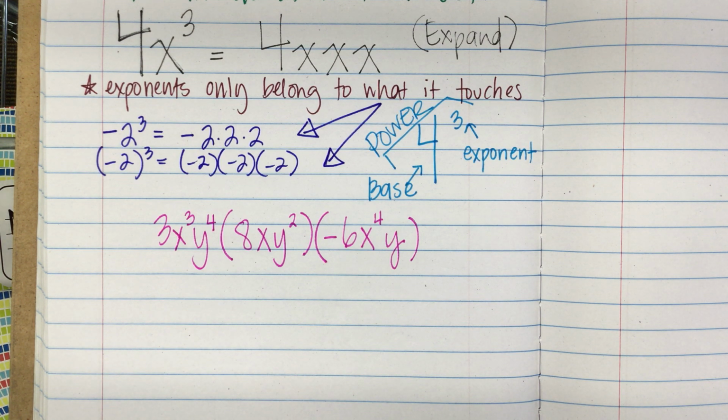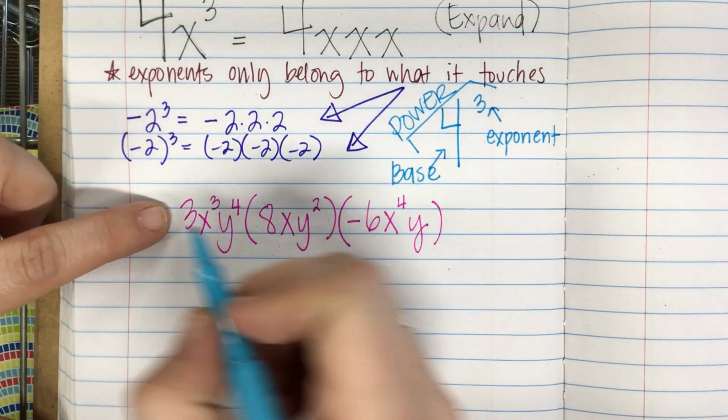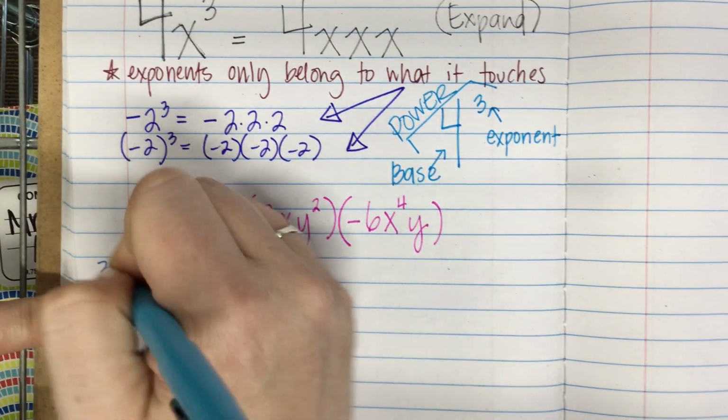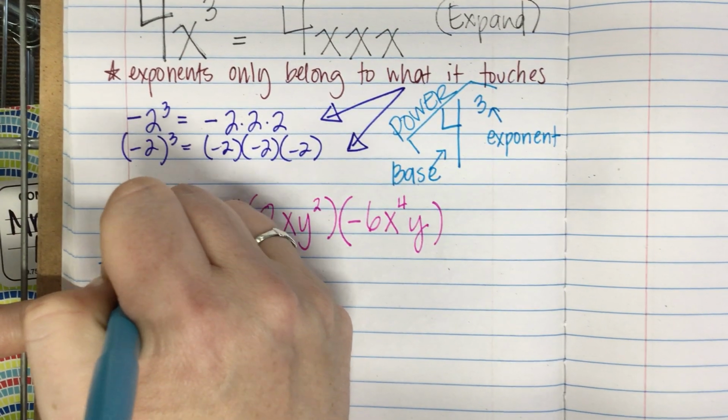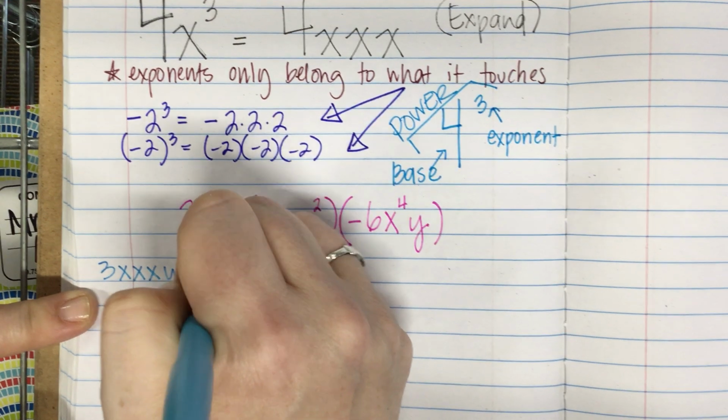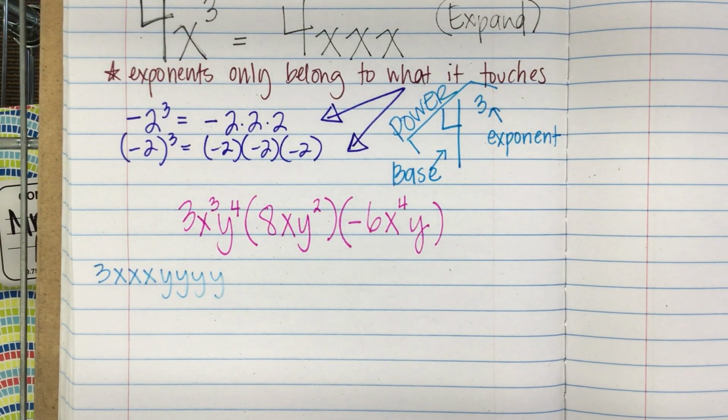I can expand it. And what that looks like is this. 3x to the third, y to the fourth. 3, x, x, x, y, y, y, y. Do you agree?